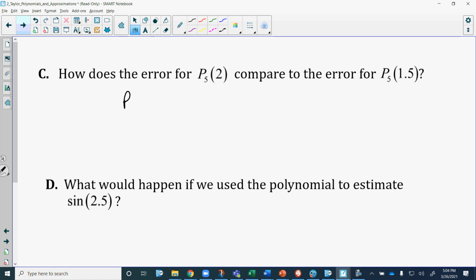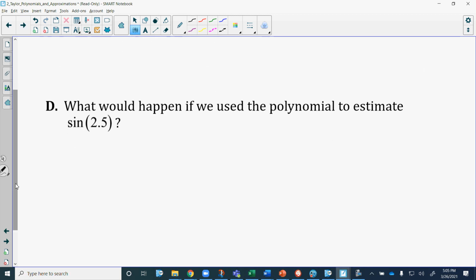Here, P5 of 2 was greater than P5 of 1.5. One was bigger than the other one. What would happen if we worked it out to be 2.5? The error would simply get larger.